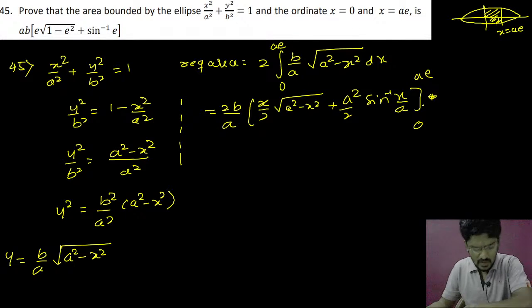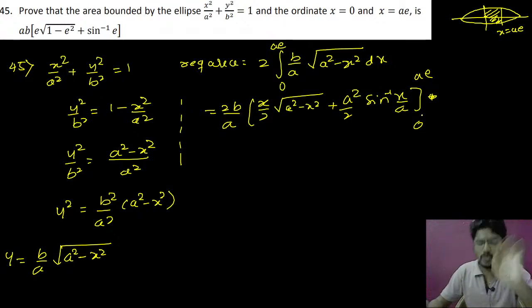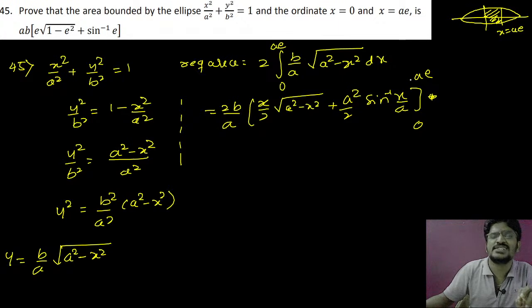Okay. So now lower limit is 0. Don't forget it, because 0 into this term is 0. Sine inverse of 0 is 0. So don't worry about the lower term. So just take upper limit. That will be 2b by a.